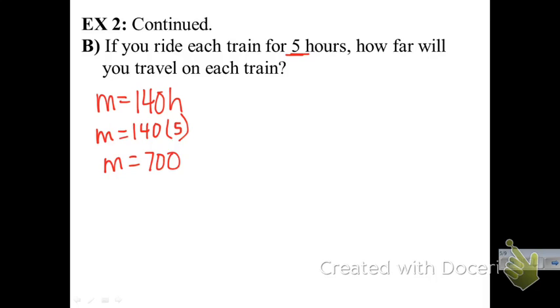For the Chinese train, remember that we said our slope was 217 and our y-intercept was 0. So we're going to create an equation using the same variables. They said m equals, and this m is not the same. Our second m here represents miles.